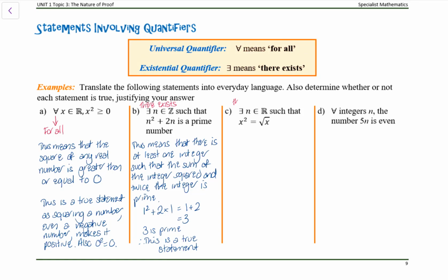So backwards E is a there exists. This is saying there exists some x, which is a real number, such that x squared equals the square root of x. So this means that there is at least one real number whose square is equal to its square root.